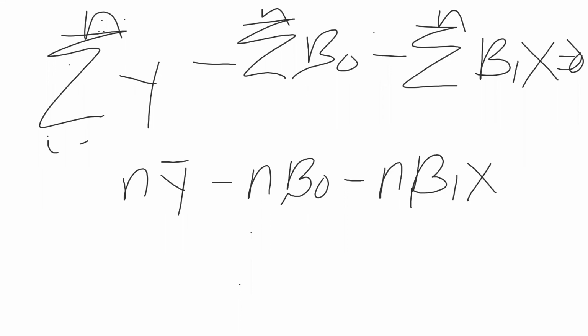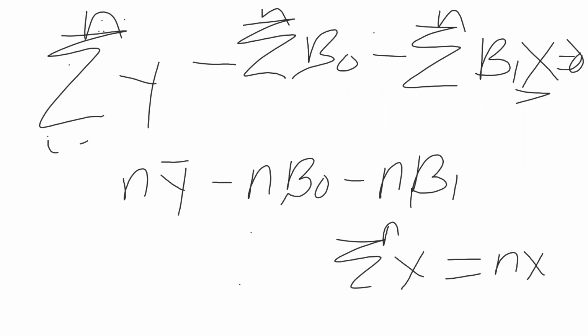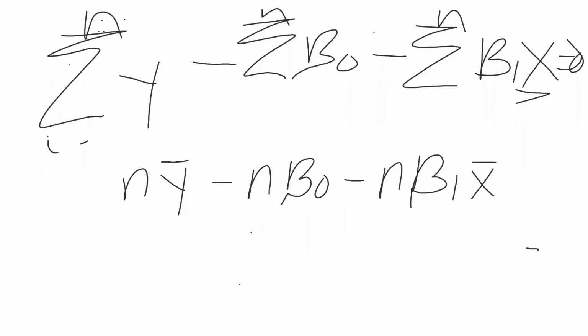Now this part, very, very interesting. This part is just as good as the summation of n x, and I say this is equal to n x bar. So which simply means that when you have distributed throughout, you have x bar here, that equal to 0.